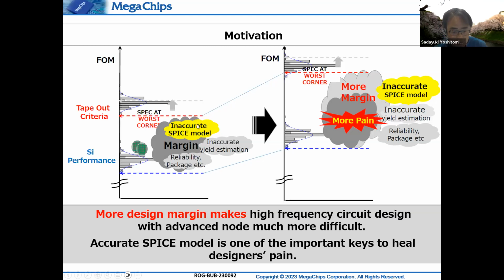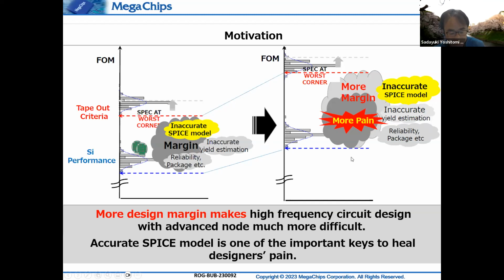And if we move on to the development using advanced CMOS technology nodes, like in the right-hand figure, usually higher speed performance is required in the new generation chip design. So in that case, the designers will face much more margin from the previous models.